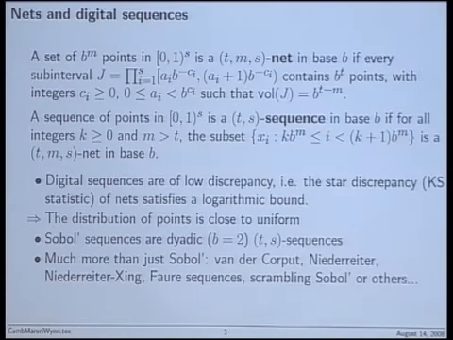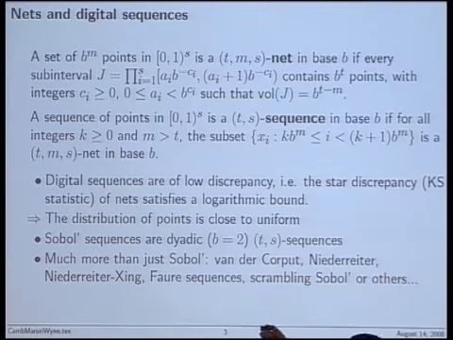Then it is embedded into a more general type of sets of points, which are expressed in base B. And the relevant property to remember is that every left-closed interval of this form with this fixed volume always contains the same number of points, which is B^t points.